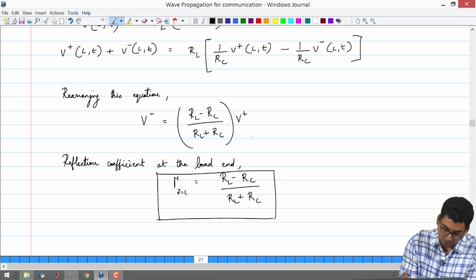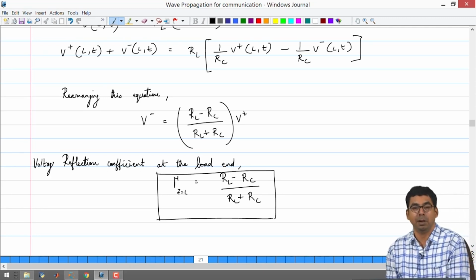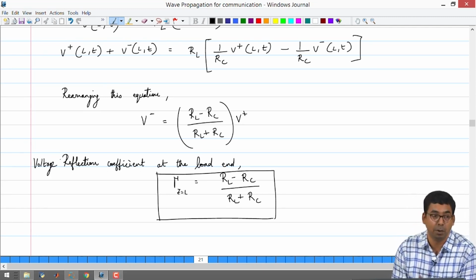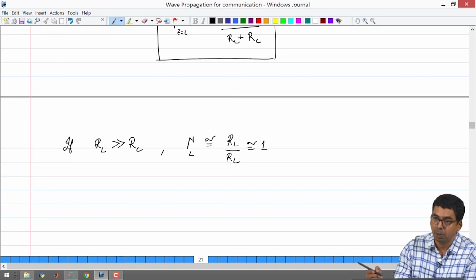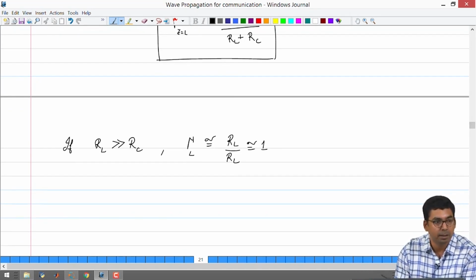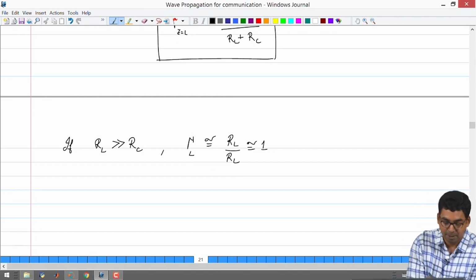So, a clearer way of saying that is the voltage reflection coefficient. Generally when people talk about reflection coefficient, they are talking about the voltage reflection coefficient. So, it means that the reflected voltage wave will have the same sign as the forward wave that was going to the load resistor.